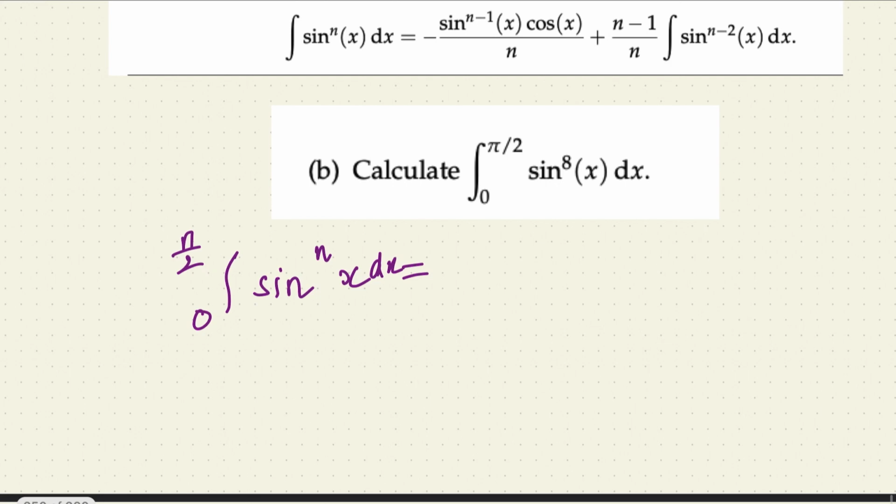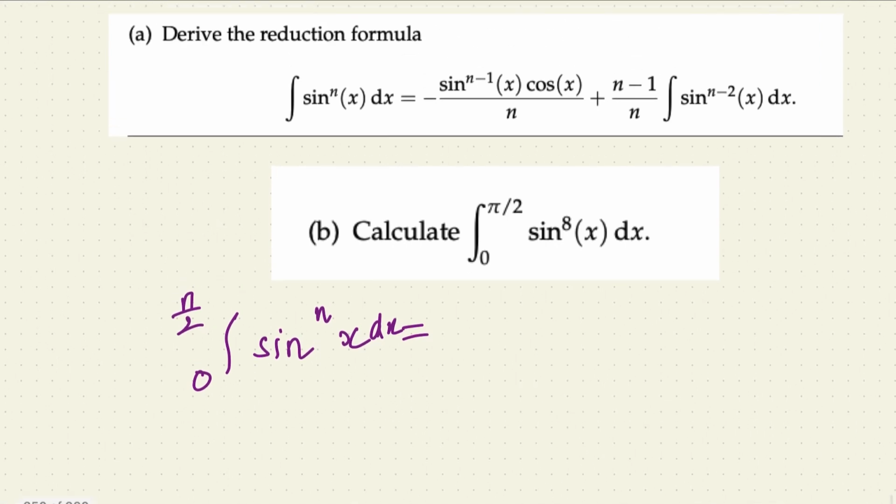So that is why whenever you're calculating the integral of the form sine to the power n x, specifically from x equals 0 to x equals pi by 2, that is basically just calculating n minus 1 over n times the integral 0 to pi by 2 of sine to the power n minus 2 x dx.